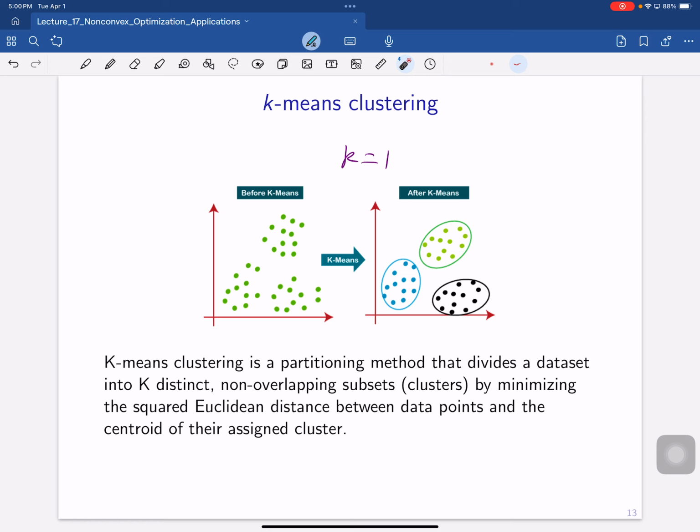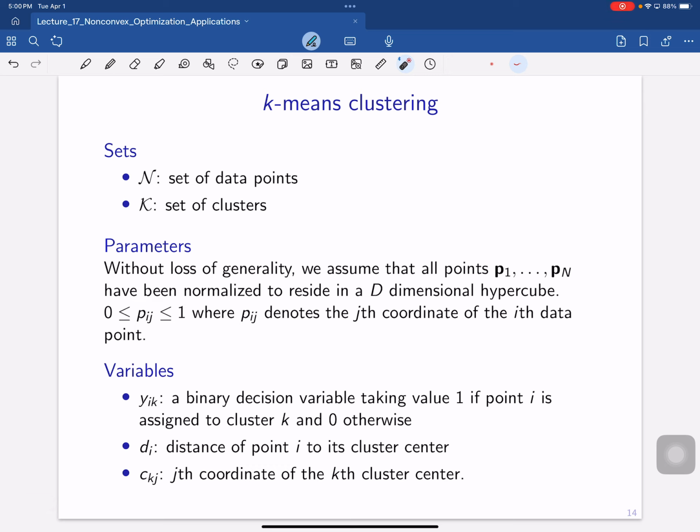Okay, so how do we formulate this problem? You have a set of data points and a set of clusters, and without loss of generality, we assume all the points P1 all the way to Pn have been normalized. You can always normalize the data to let each of the coordinates be between 0 and 1.